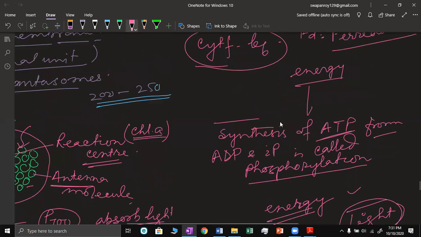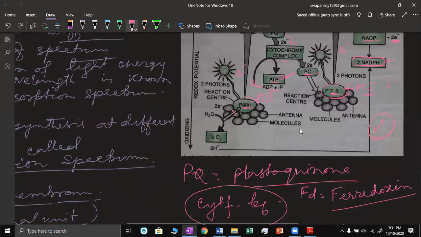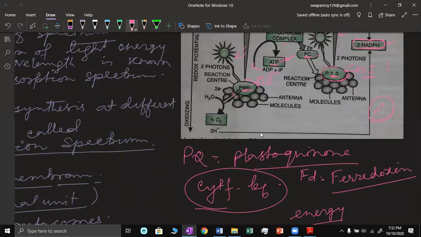Now, see one thing, that repeatedly this pigment system 2, P680, is releasing electron. But how long can it release electron? It cannot release electron if it is not getting electron from somewhere. So this chlorophyll A molecule of the pigment system 2 gets electron from water.